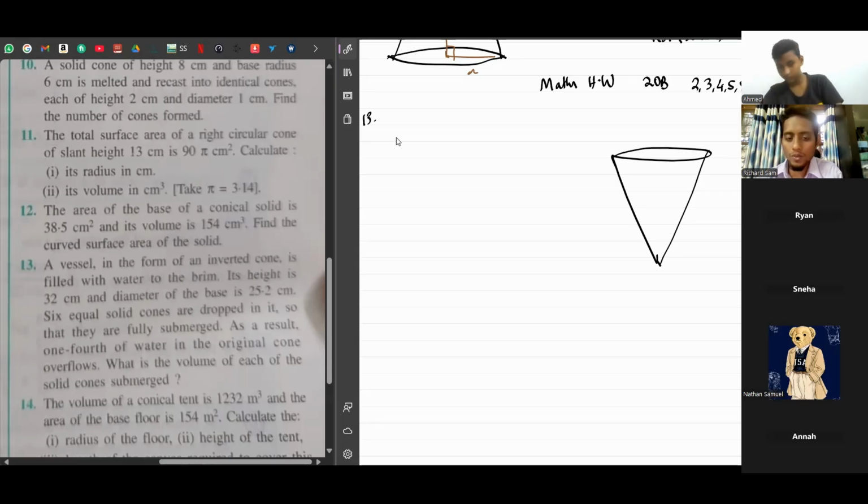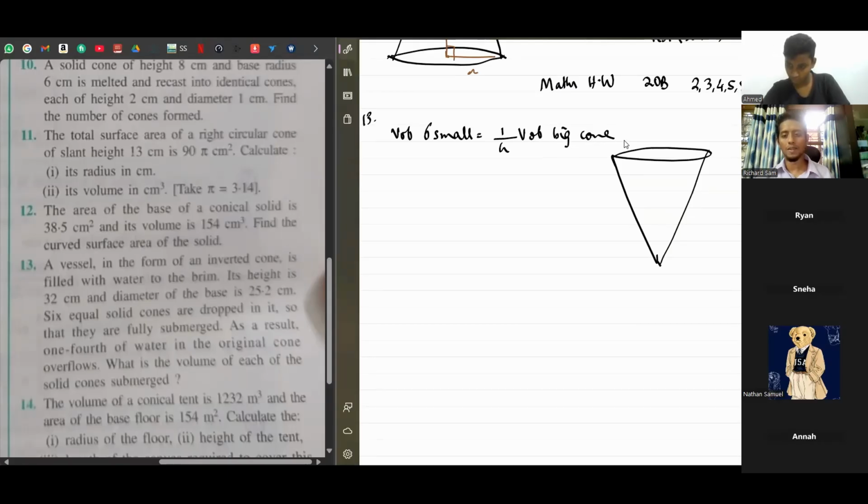Yes. So volume of 6 small cones is equal to 1/4 of the volume of the big cone. Does this make sense? Because when they put those 6 small cones inside, 1/4 of the volume of water overflowed out. Yeah, this is your equation.